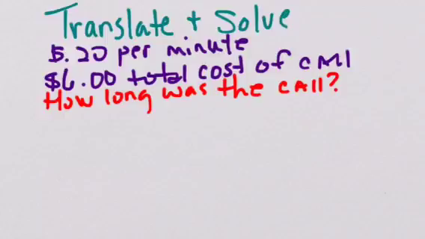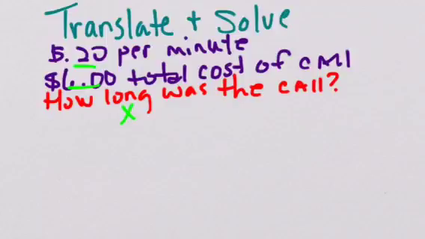Okay, so we have the cost of a long-distance phone call is 20 cents per minute. That would be right here. The total cost of the long-distance call was $6 right there. And what you're supposed to solve is how long was the call altogether. So to do that, we need to let x represent this right there.